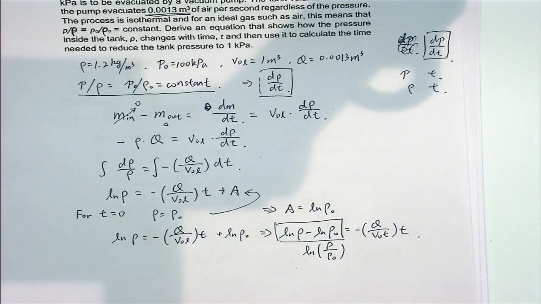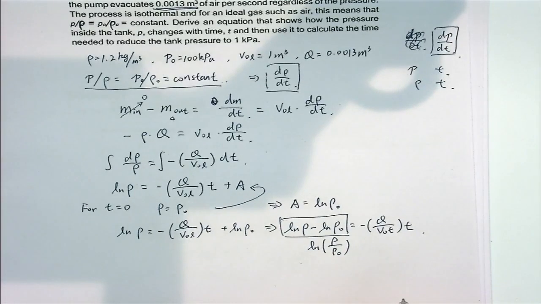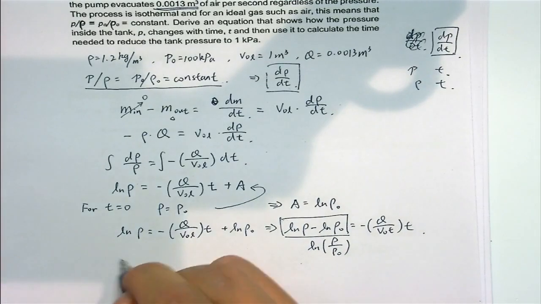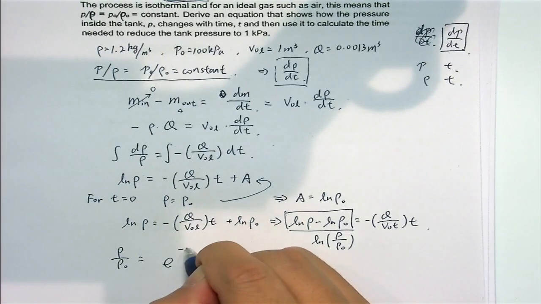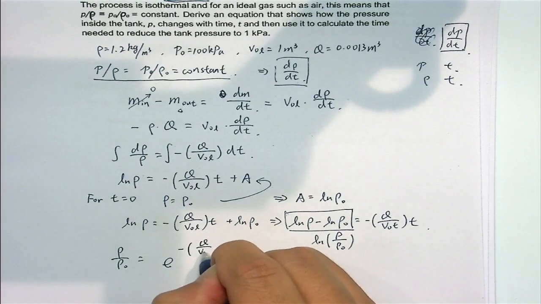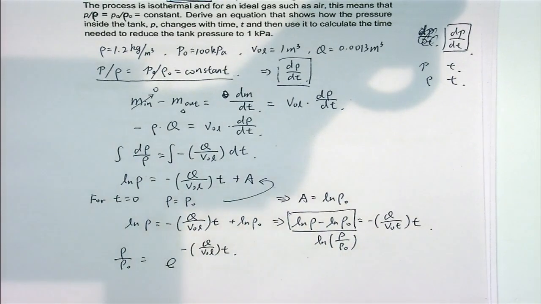And then we just take rho over rho 0 is equal to e to the minus Q over volume t. And that is how the density changes with time.